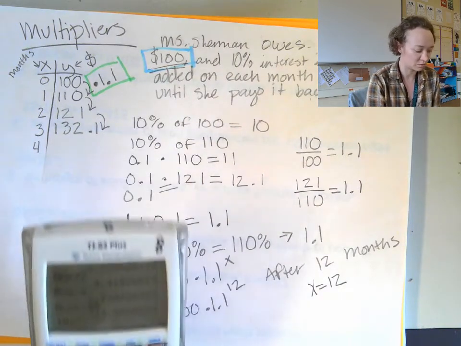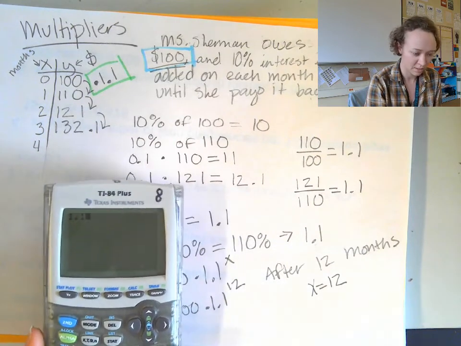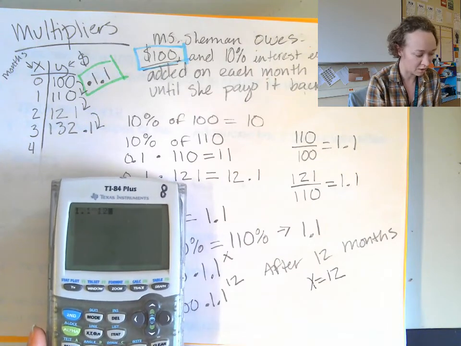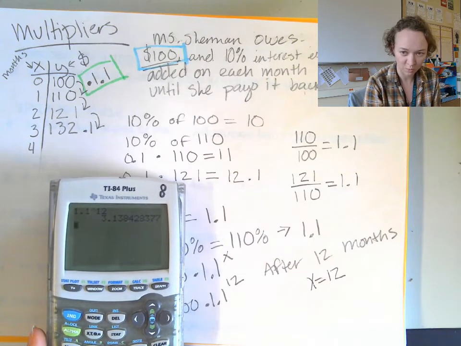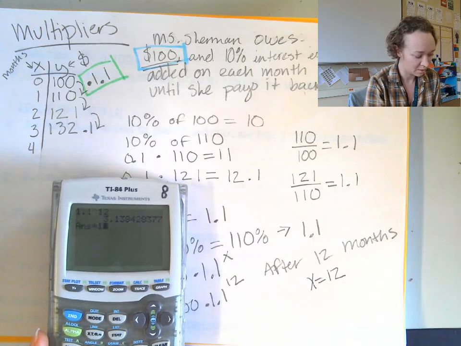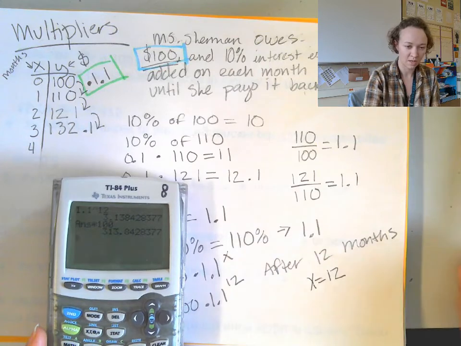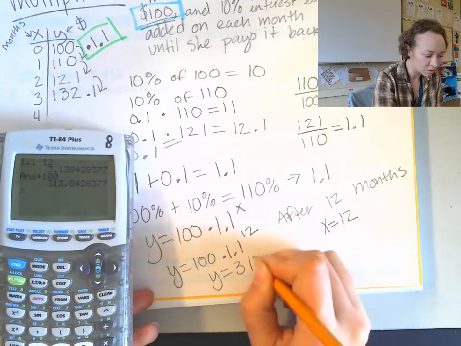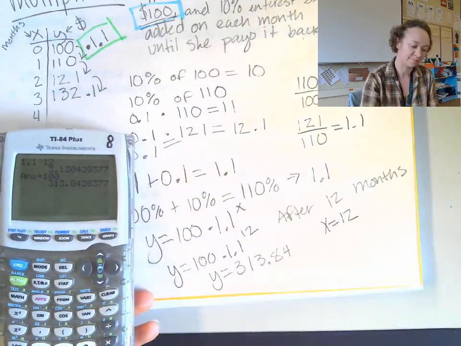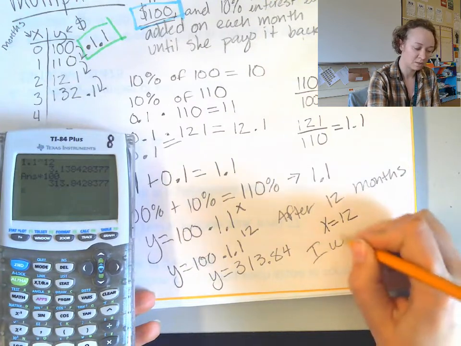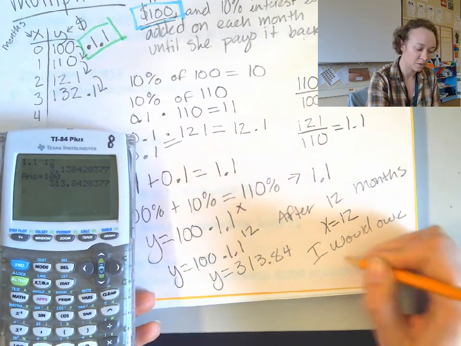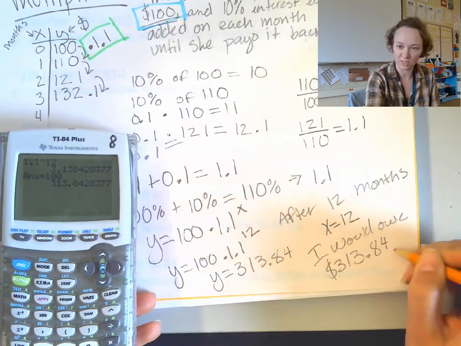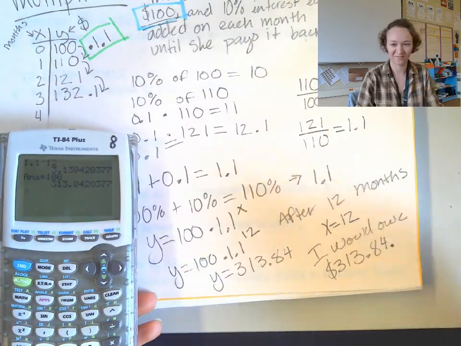So you're going to do 1.1 and then to the power of, so that happy little caret symbol, 12 gives me 3.138. I'm going to multiply that by 100, and I get $313.84. After 12 months, I would owe over $300. Don't let things collect interest, kids. Pay it off right away.